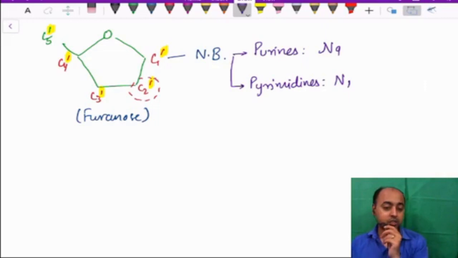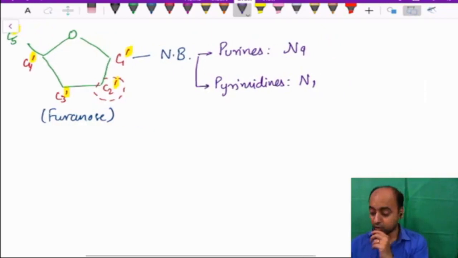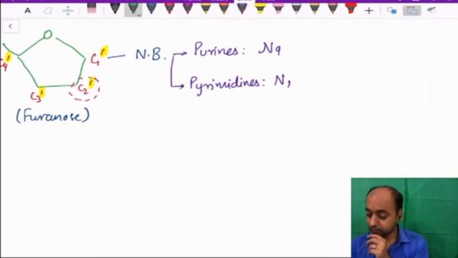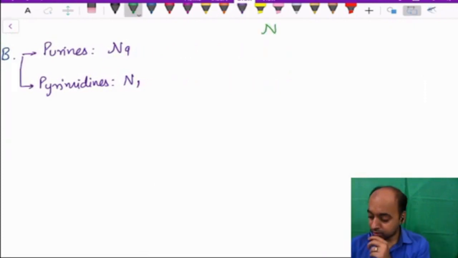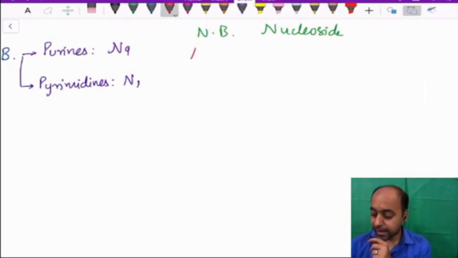So when you attach the sugar to the nitrogenous base, you get the nucleoside. In case of nucleoside, from the nitrogenous base, the adenine becomes adenosine.